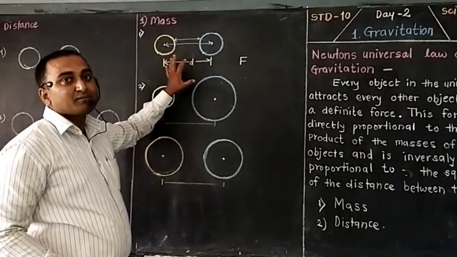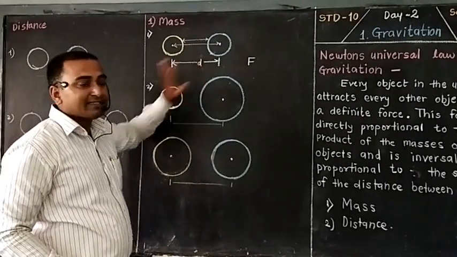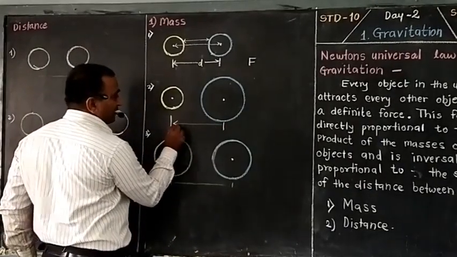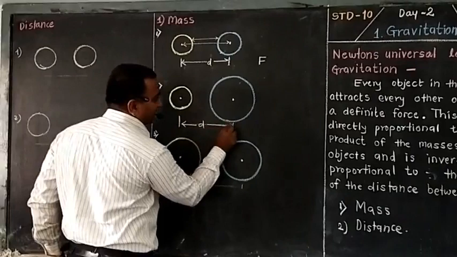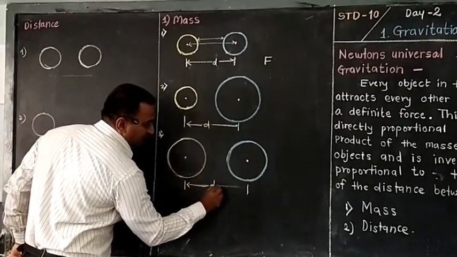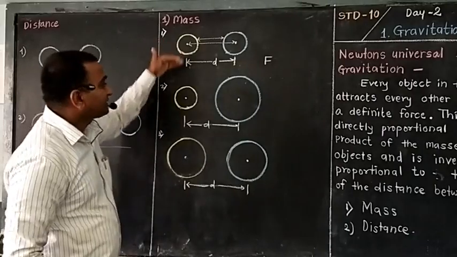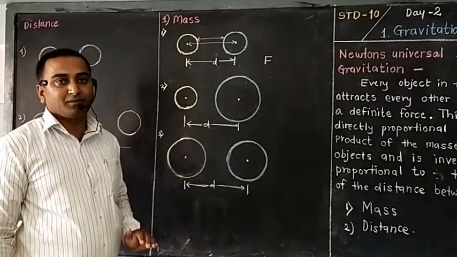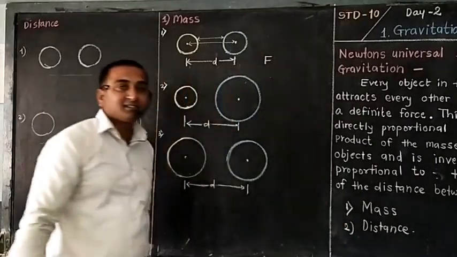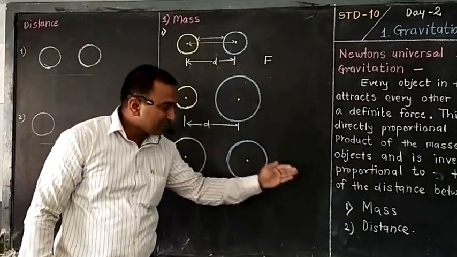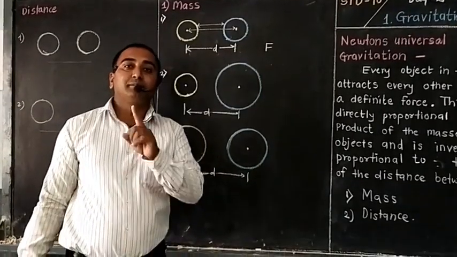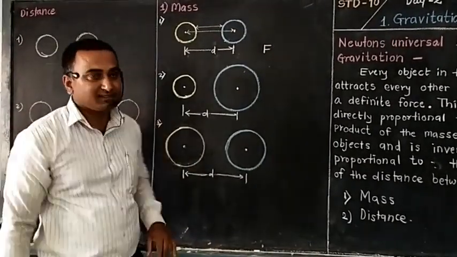By keeping the distance the same, we are considering three possibilities by taking different masses. Within these three cases the distance is the same, and as we discussed, the force depends on mass and distance. As we are keeping the distance the same, it will depend only on the masses.